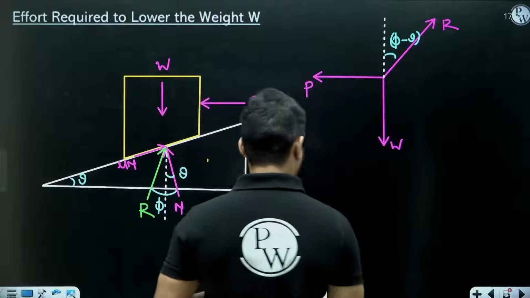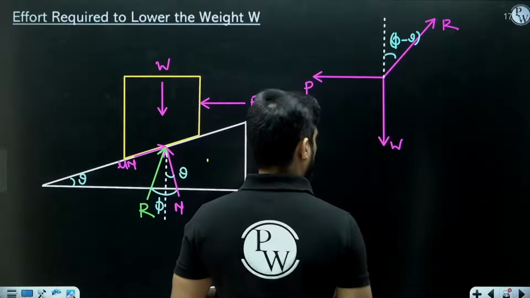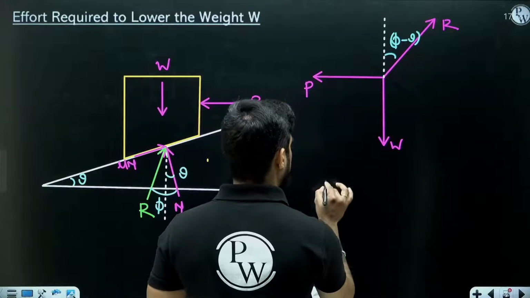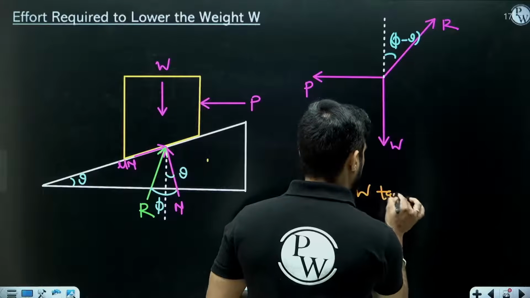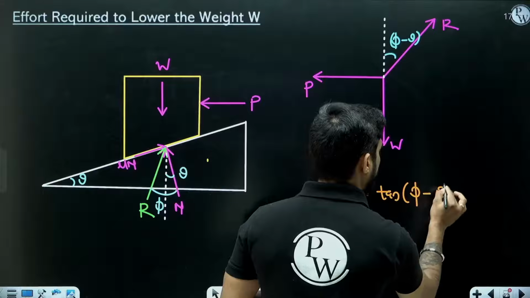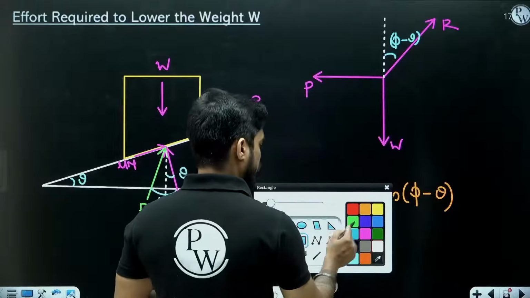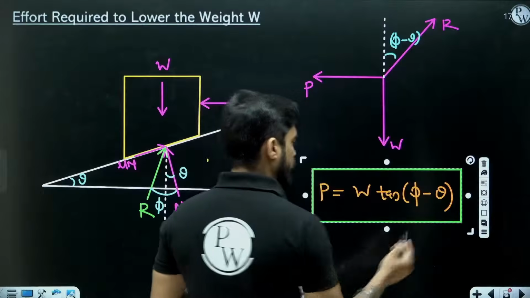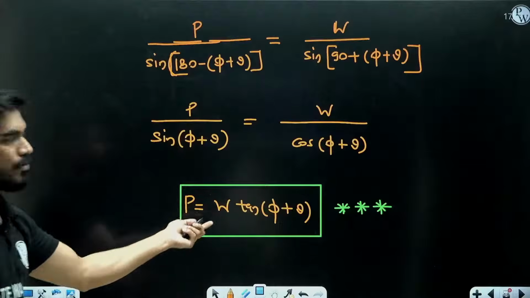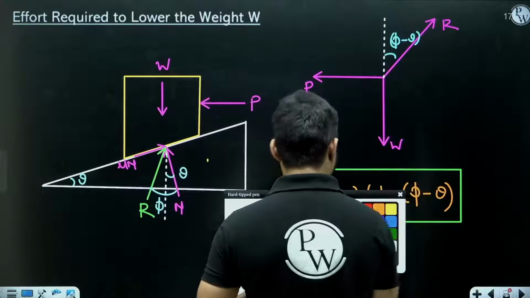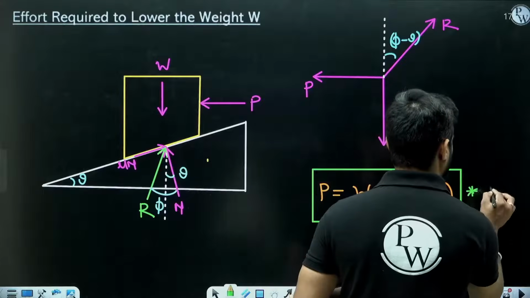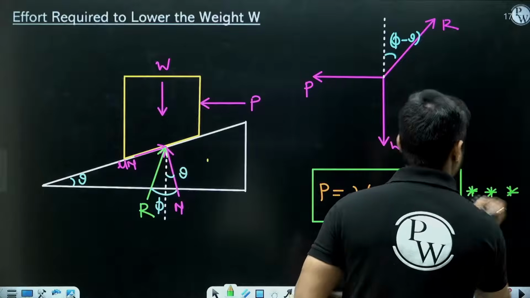Here, if I calculate the same way, I will get the same formula, P equals W tan(phi minus theta). You can do it just like this. You will get the same thing, but this time it will be phi minus theta. So this is the effort required to lower the weight.